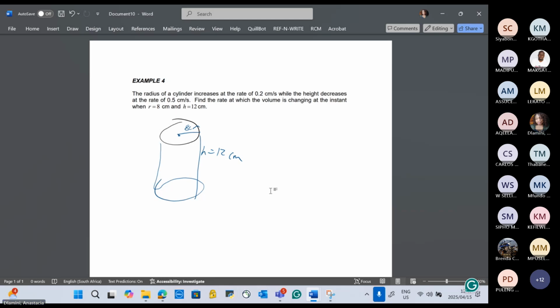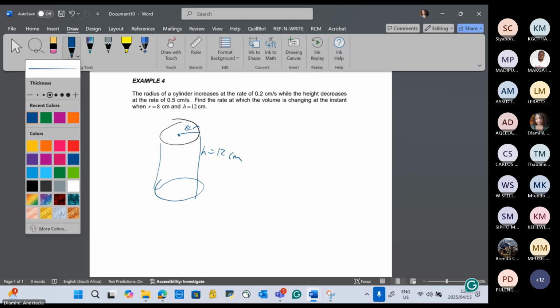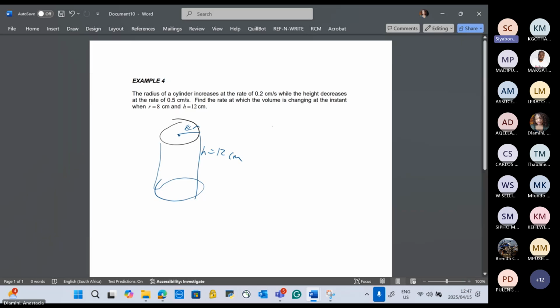Help me break the question to a point where we know how to do it. So here, we are given the rate of change of the radius, number one, and then of the height, of which it is said that the radius of the cylinder increases while the height decreases.